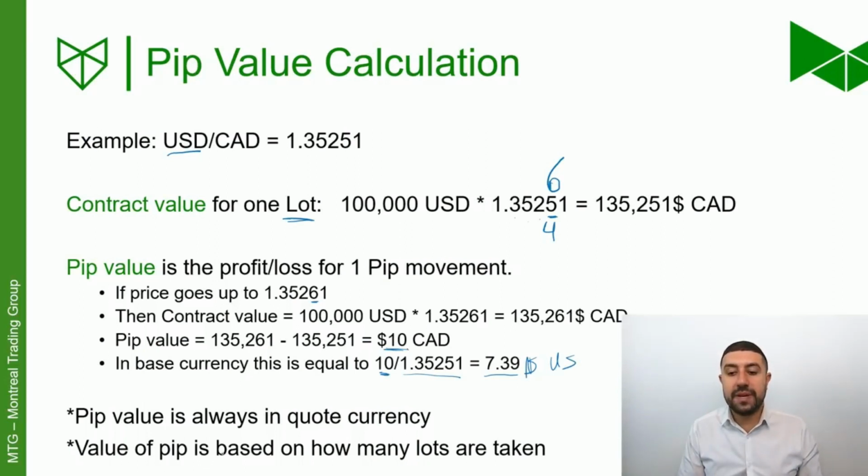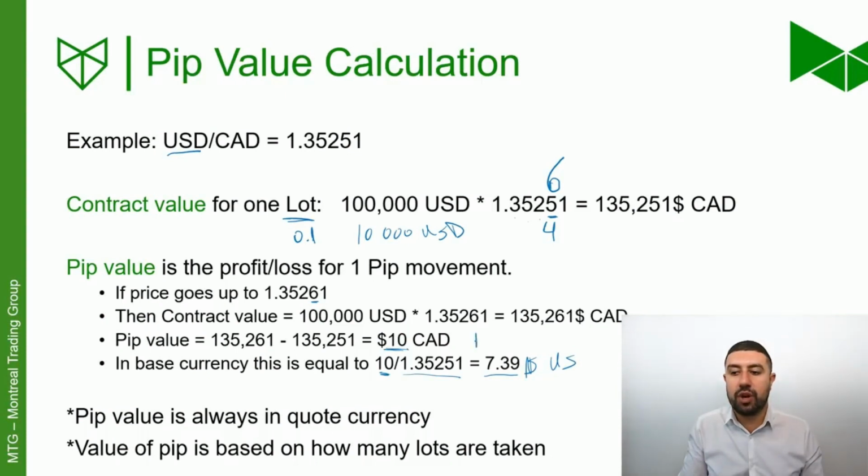The value of the pip is going to be based on how many lots, right? So in this case, I calculated that you bought 1 lot. But imagine you didn't buy 1 lot and you bought 0.1 lot, because you didn't want to spend 100,000 US, you wanted to spend 10,000 US. Well, in this case, what would have been your pip value? It would have been 10 times less than this.